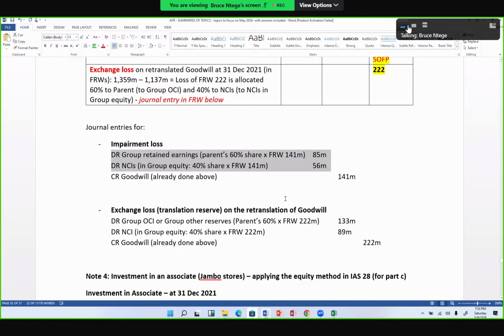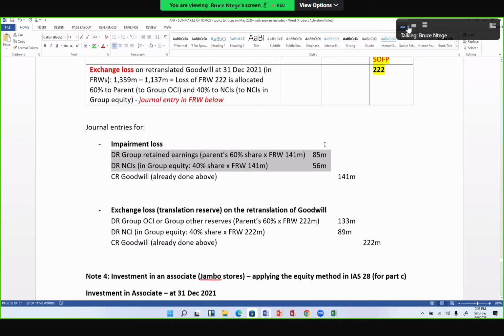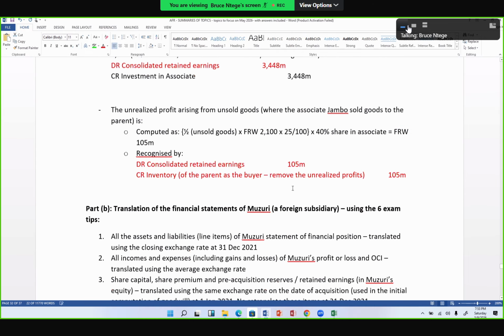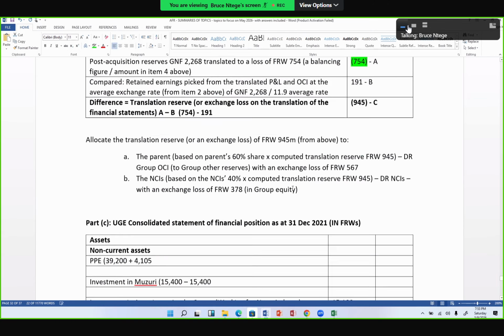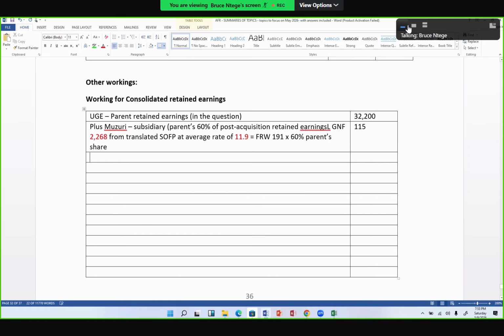So let's pick this and take them down there. So one will be 85 under the consolidated retained earnings, and 56 under the NCI, and that is for impairment loss on goodwill. Okay, so let me go down and put that in that working. So I come in and say less, debit is a minus, so less impairment loss goodwill.